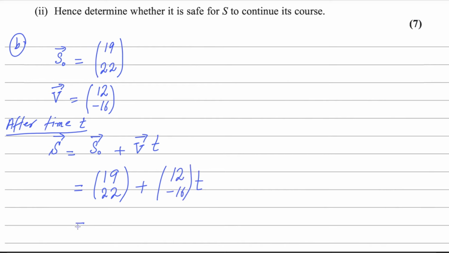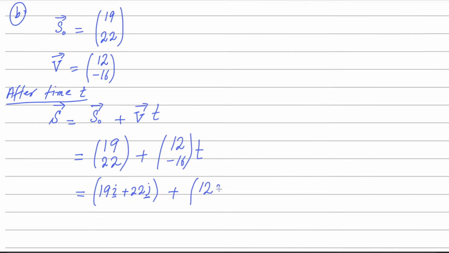So we can write in vector form: 19i plus 22j plus (12i minus 16j) times t. So this is the answer for the second part.